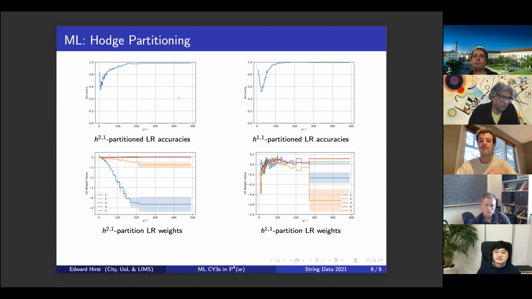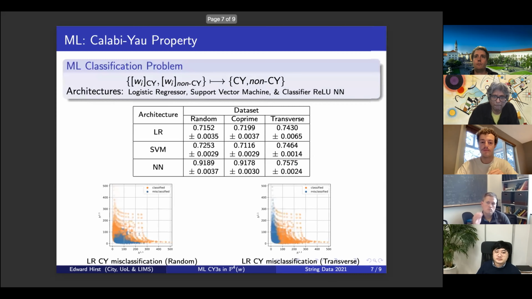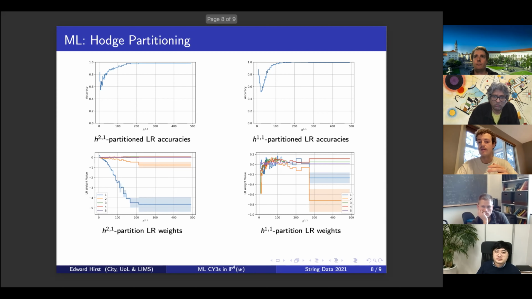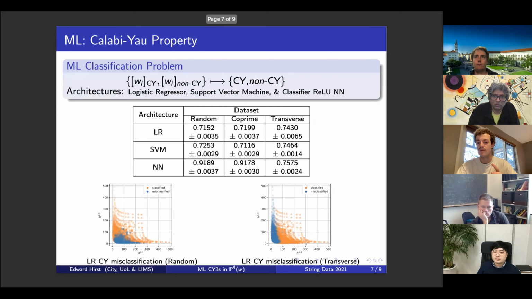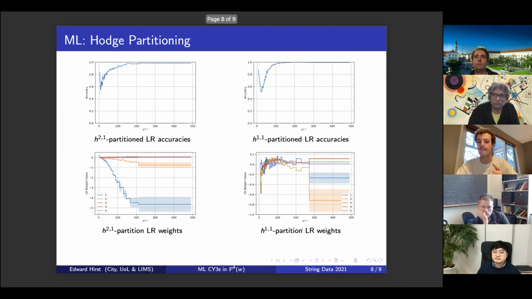In this experiment, we used the random for the non-Calabi-Yau sampling, because we saw that for the random pre-training, we seem to have some bound based on H21. And in this scenario, for the H11 partitioning, we use transverse as the non-Calabi-Yau data to sample for each bin, because again, we were H11 partitioning, we saw some bound here.